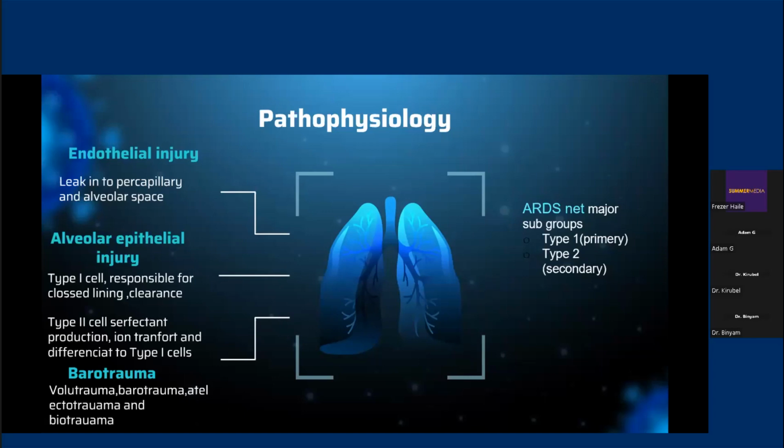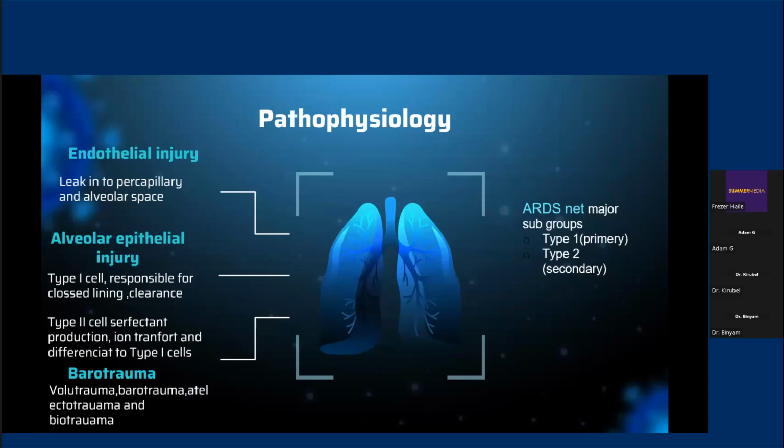The first studies, as you know, the ARDSNet trial, started to differentiate the physiology and pathology of ARDS, and they said it can be classified as type 1 and type 2. Type 1, the primary ARDS, means that the pathology comes from the lung itself.